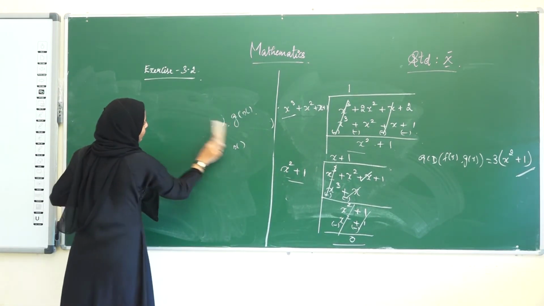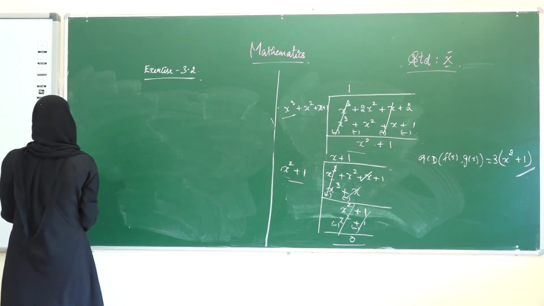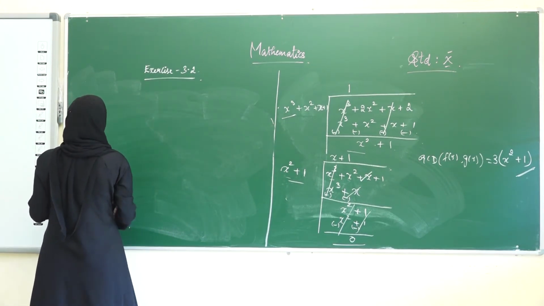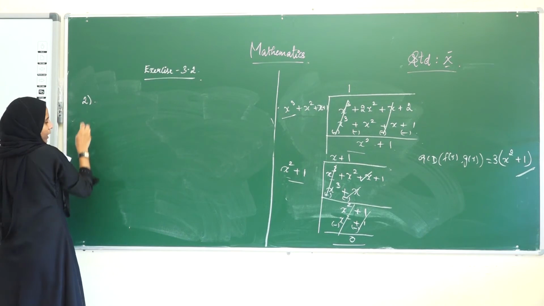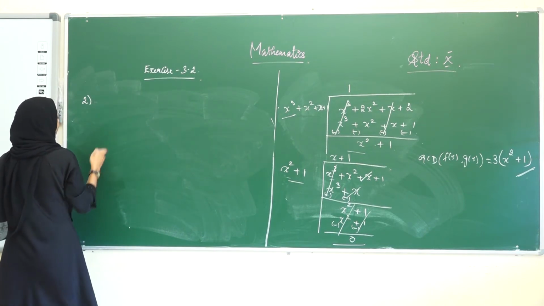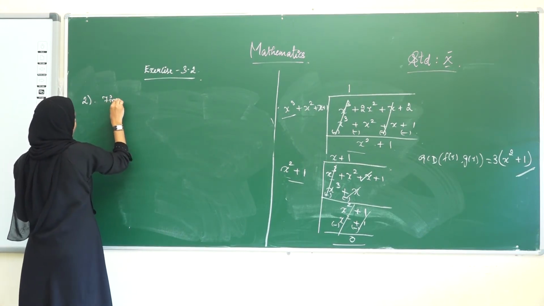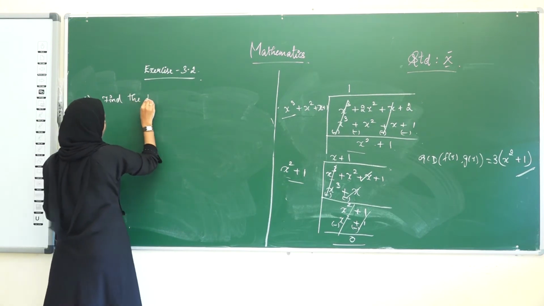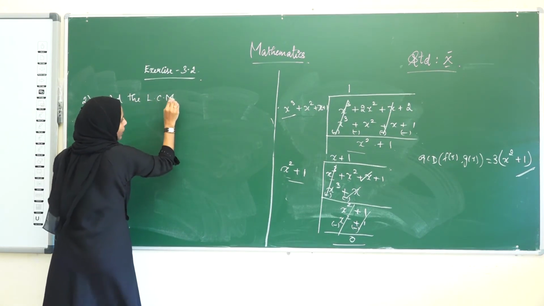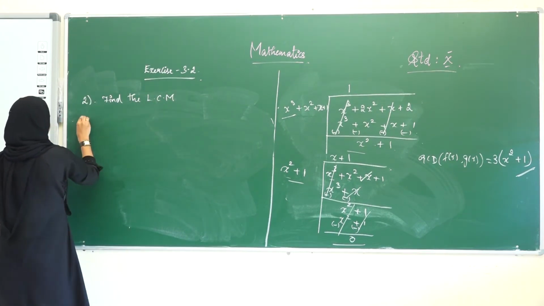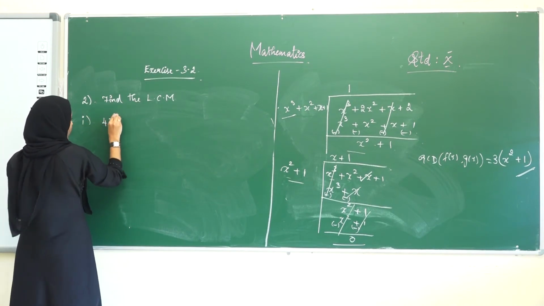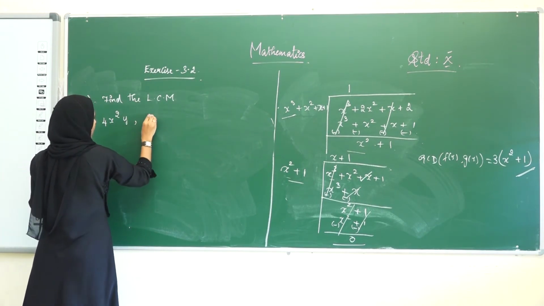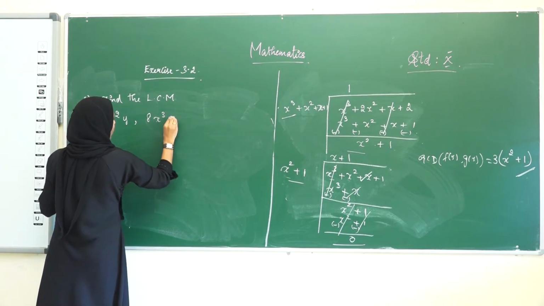Now, let us move on to the second question. In the second question, we saw LCM also in the last video. So, they have asked to find the LCM of the given polynomials. This will be very easy compared to GCD, right? In the first subdivision they have given 4 x square into y and 8 x cube y square.